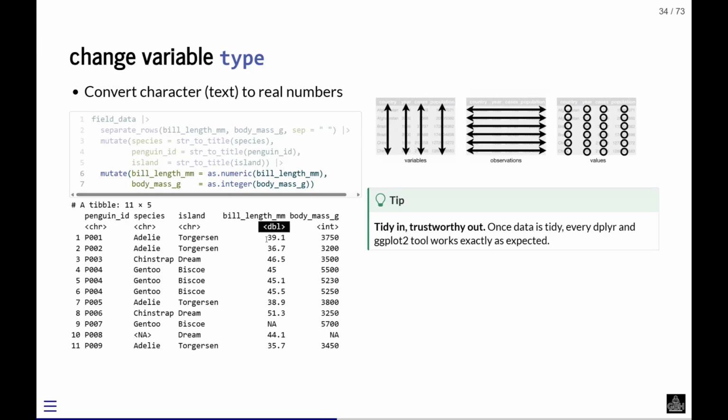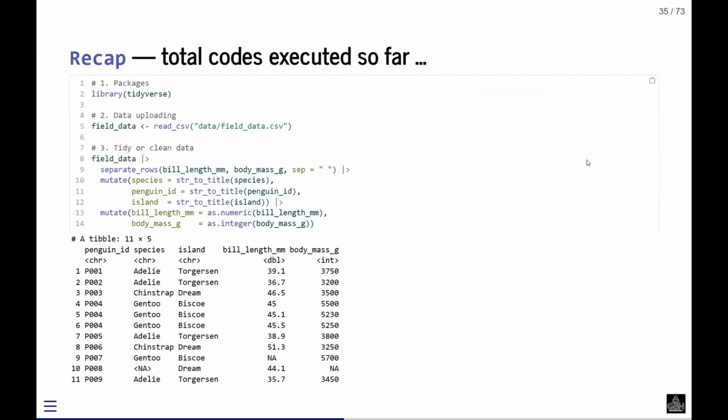So every numeric, whether it is decimal or an absolute value, is treated as a double. And then I say make this body mass column integer, and it did that. So now we can say every variable has its own column, every observation has its own row, and every value has its own cell. So we can call it tidy.